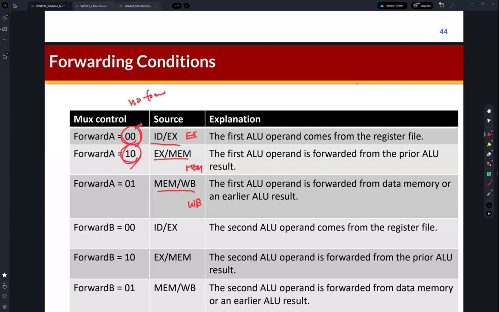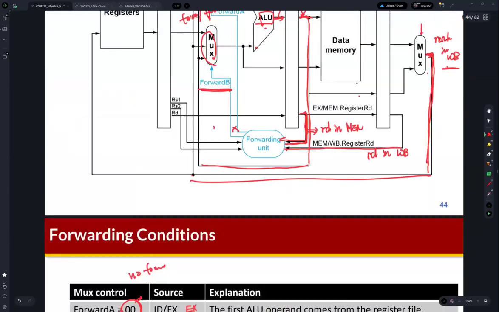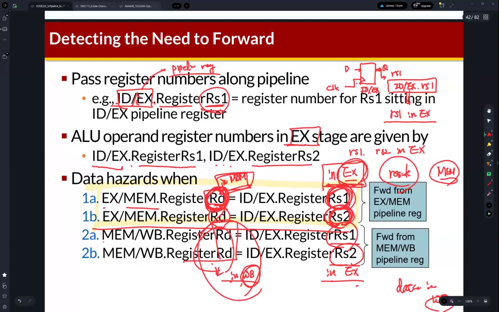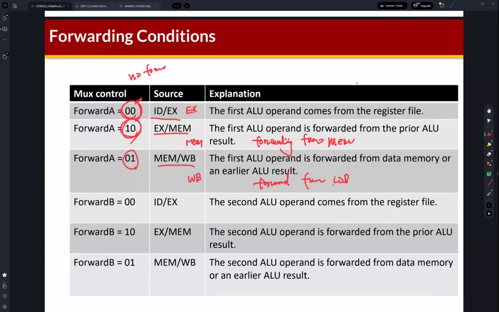And then 1, 0 means forwarding from the memory stage. And then 0, 1 means the forwarding from write back. Okay. So based on these conditions, we can generate the selection signal of the forwarding multiplexers.